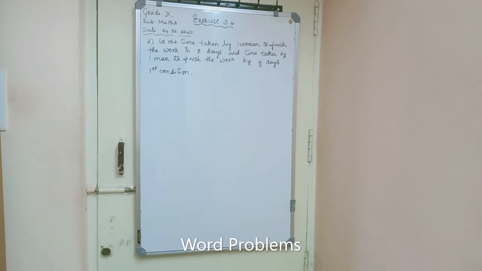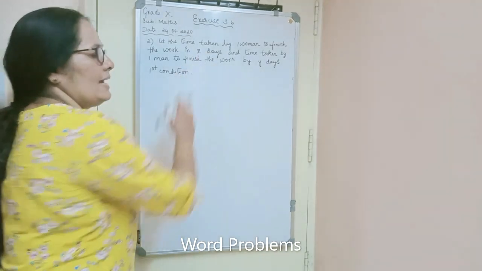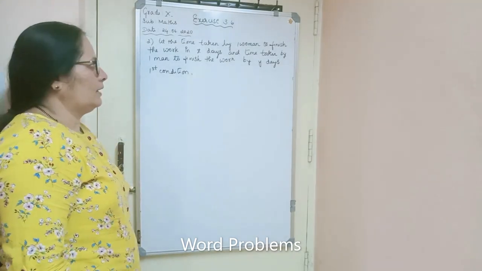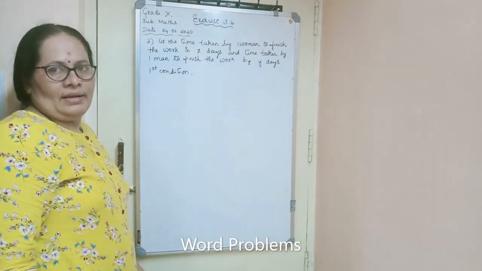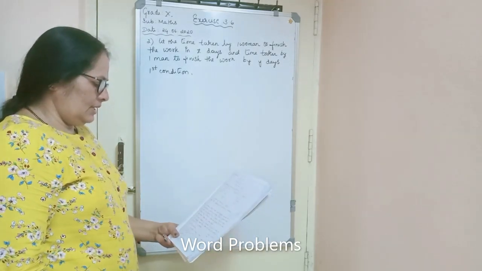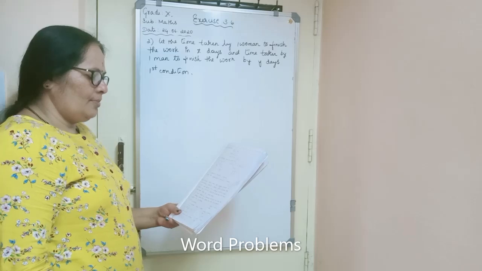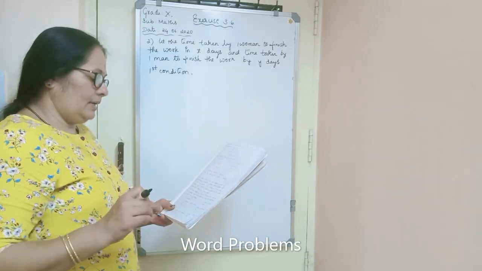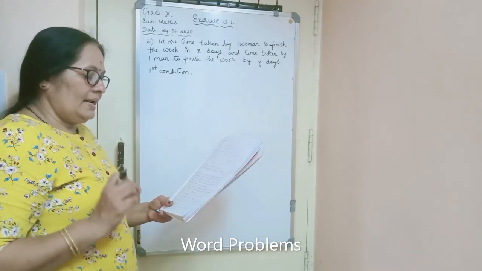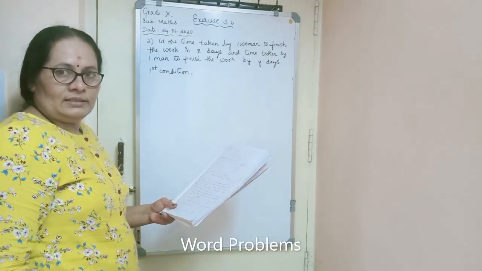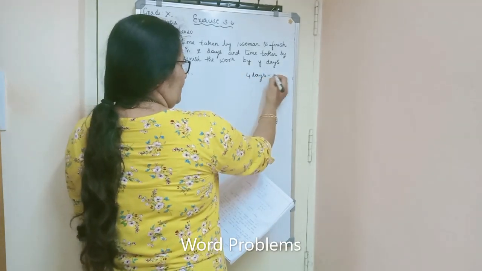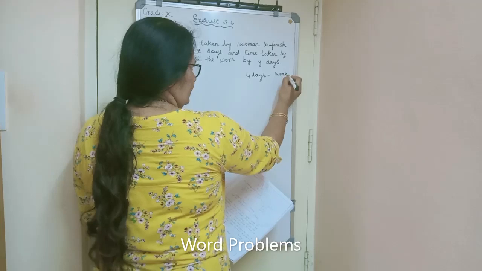Okay. Let the time taken by one woman to finish the work be x days and the time taken by one man to finish the work be y days. Now the first condition is 2 women and 5 men complete the work in 4 days. That is, in 4 days they complete one work, right?